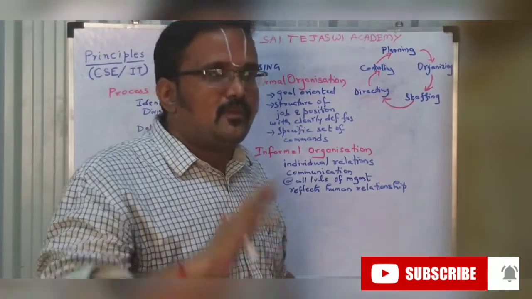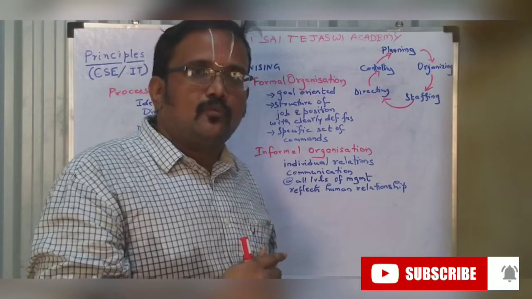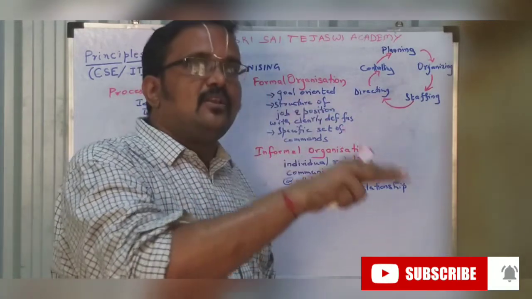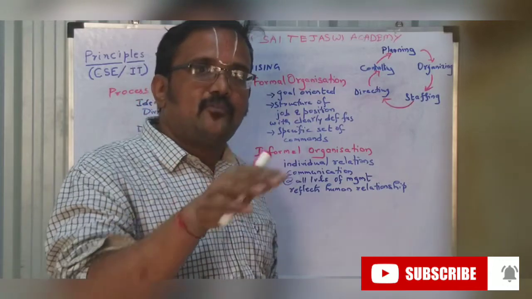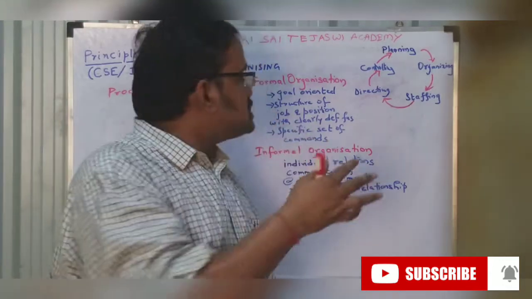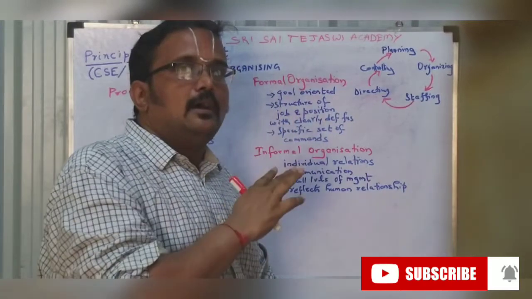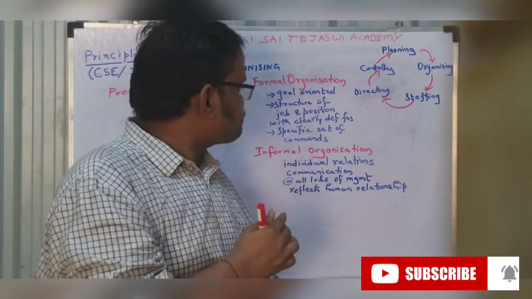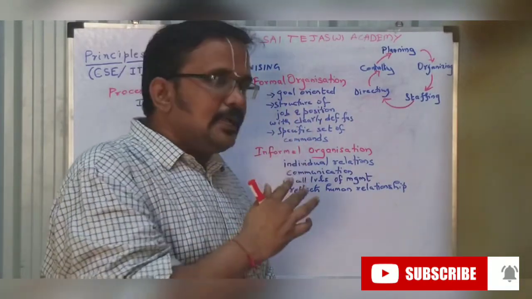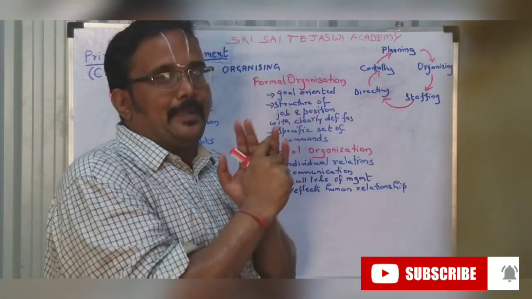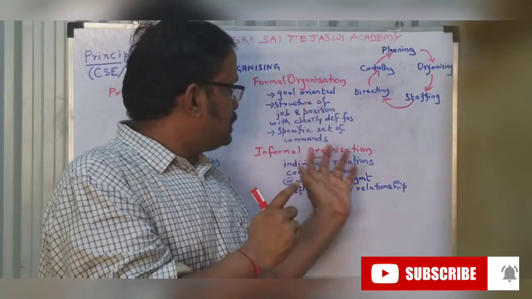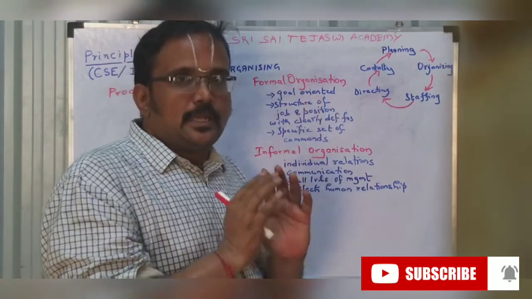He is the ultimate authority on whether they have to engage in war or not. He will act on behalf of the President of India. So this is formal organization. And in this, two things are there. It will be structured, there will be a set of commands. You have to remember. Then informal organization.